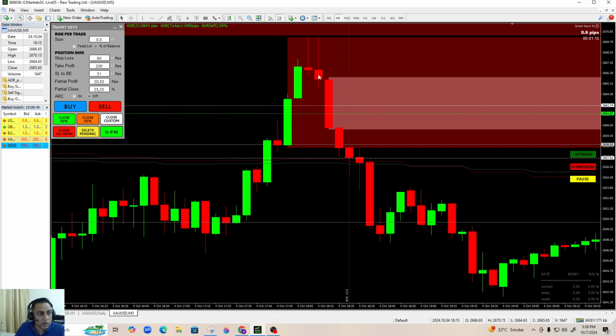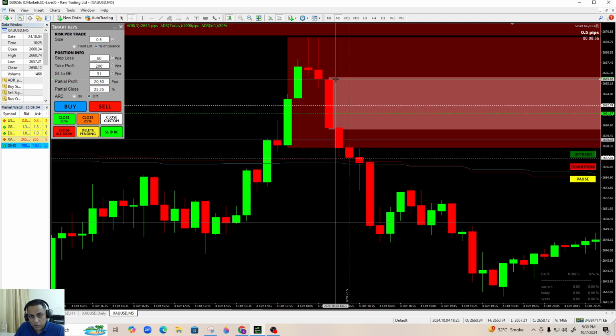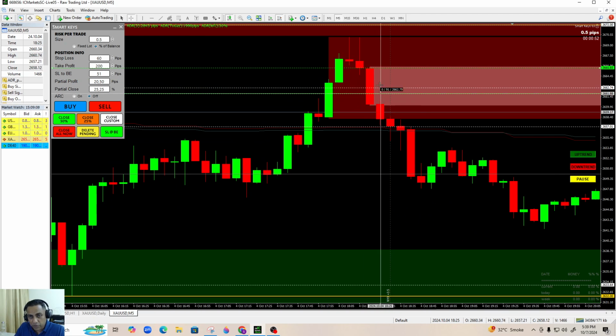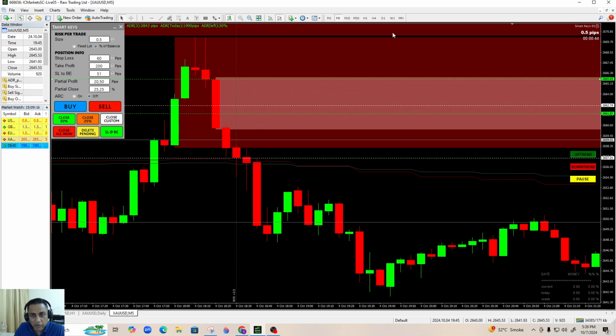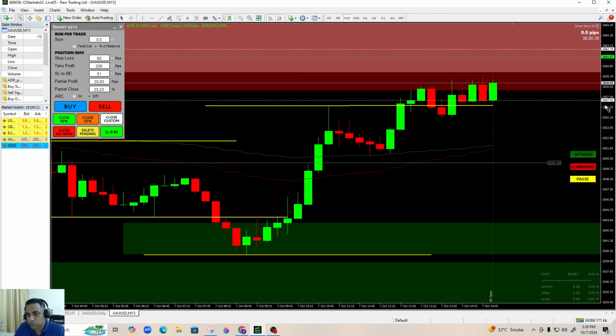This one right here. Okay. So that zone is about 45 pips. And if I do take a trade here, my stop loss will be above this candle, about 35, 36 pips, right? So let's see if price gets there.